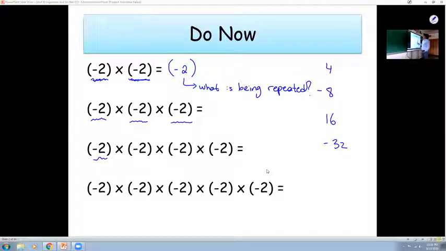But how many times is it being repeated? This is the first time, and this is the second time, so it is being repeated 2 times. But where will I put this 2? I will put this number on top of -2.